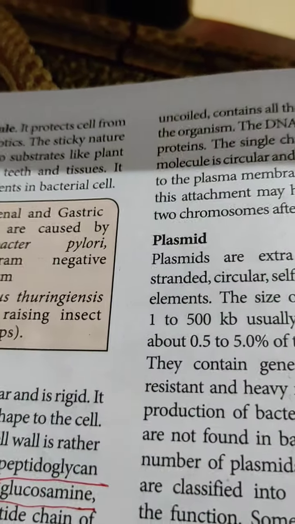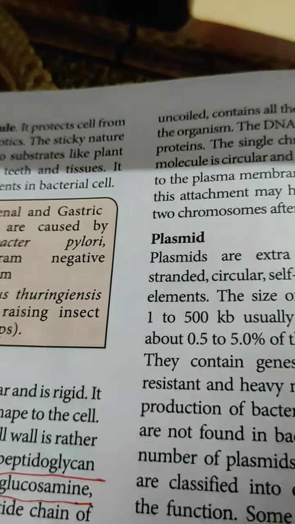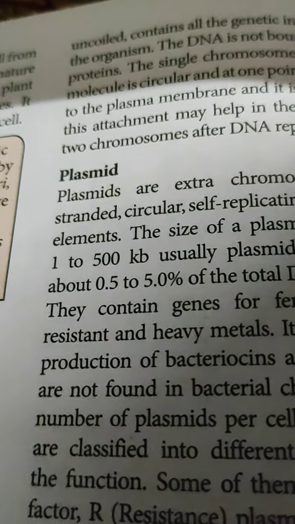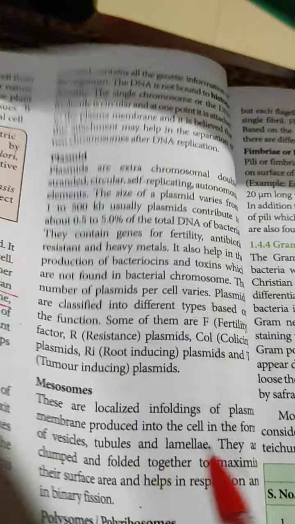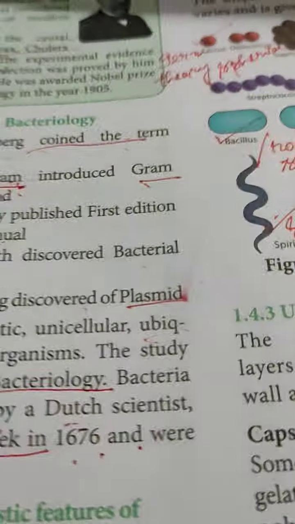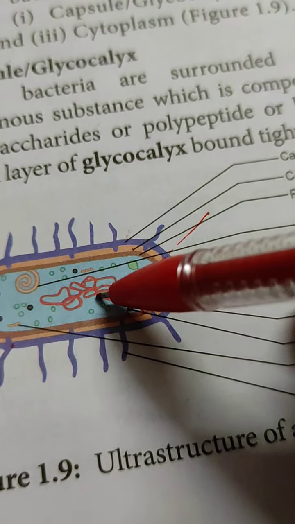Now next one is in the cytoplasm, plasmid is present. So many adjectives are used for describing plasmid. Plasmids are extra chromosomal. What is the meaning of extra chromosomal? Now this is the nuclear chromosome.